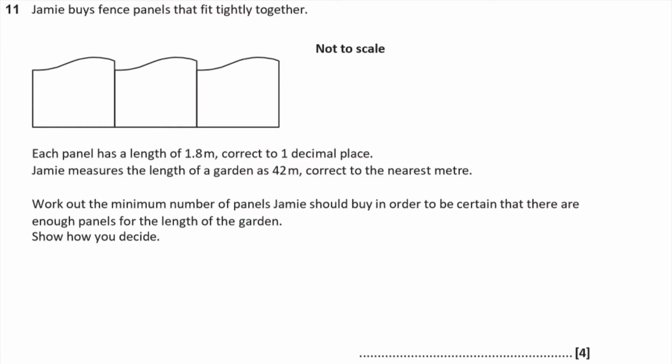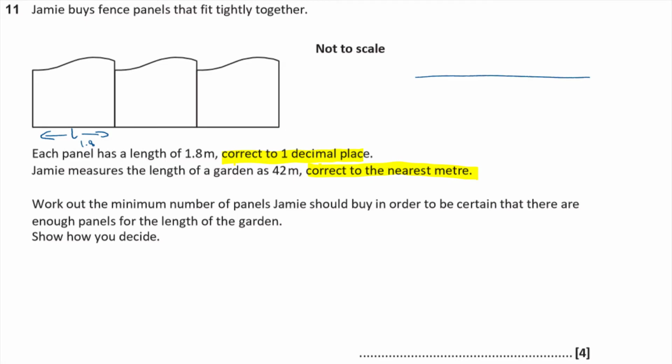Okay. Right, now this is a limits of accuracy question here. You can tell because of these bits here, correct to the nearest meter and correct to 1 decimal place. Okay, so that means these values have been rounded. So when they're talking about the length of this panel being 1.8 meters, what they actually mean is that L can take on a range of possible values.